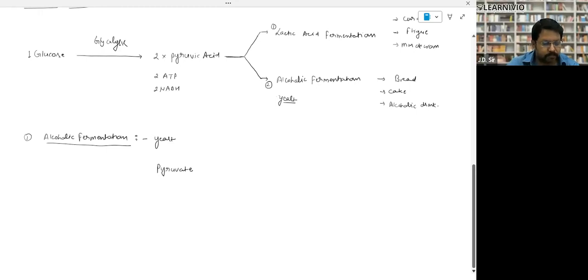Pyruvate breaks down into acetaldehyde plus carbon dioxide, in the presence of the enzyme pyruvate decarboxylase.